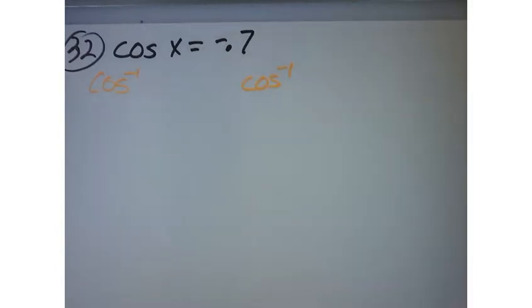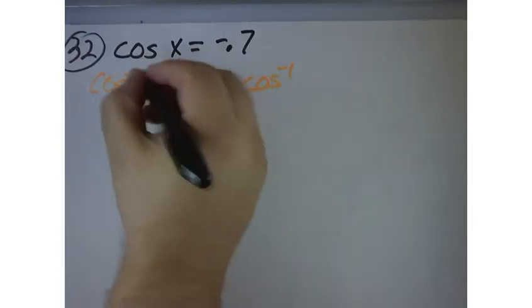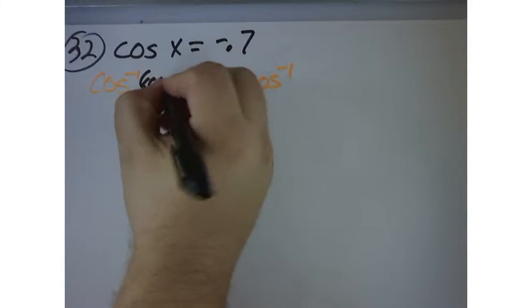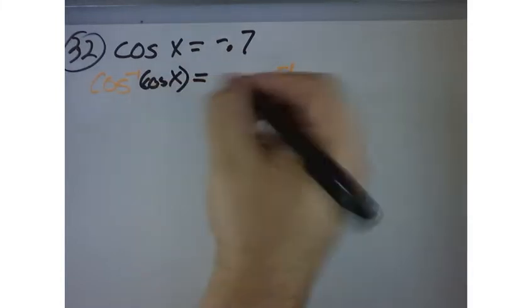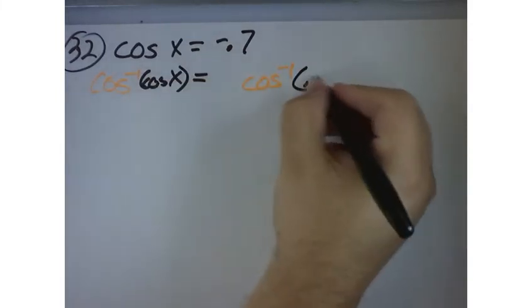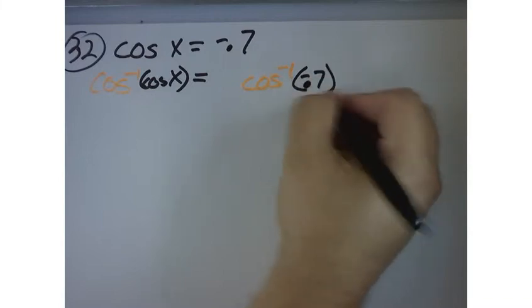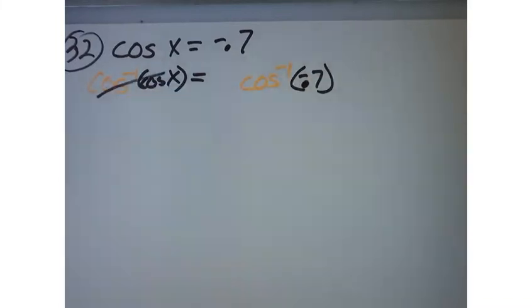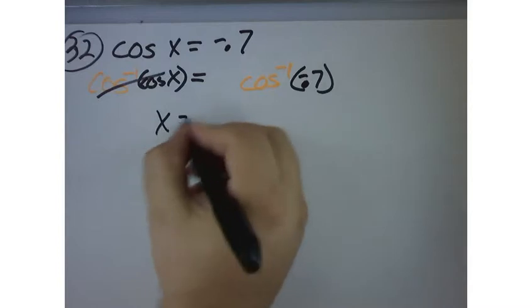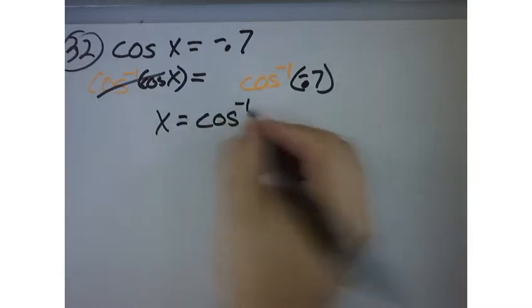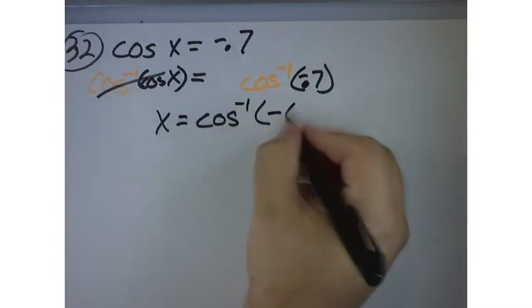And then the cosine and the inverse cosine cancel out, and I get x equals cosine inverse of negative 0.7.